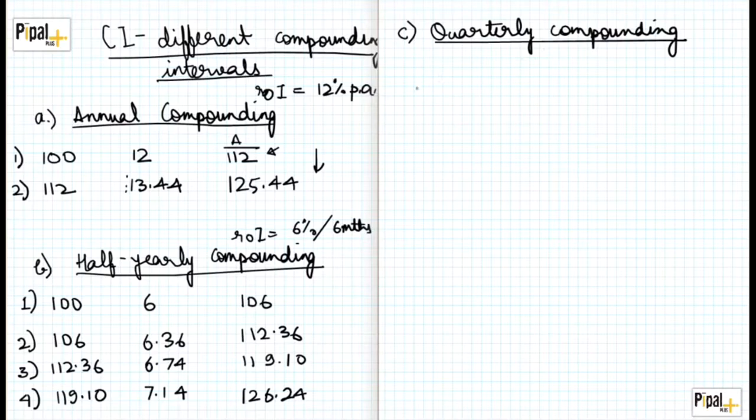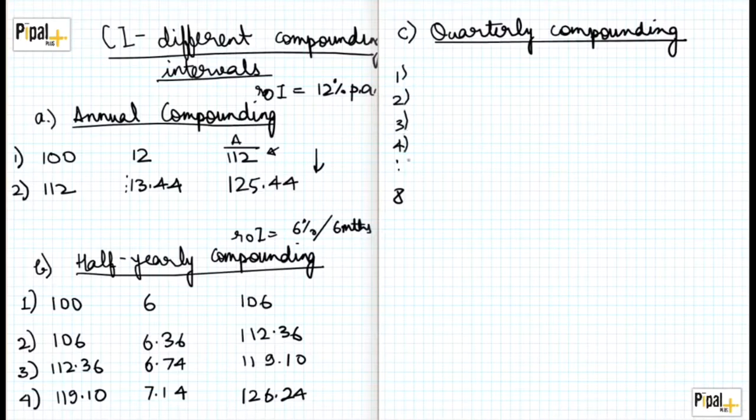Now in case of quarterly compounding, there are going to be 4 quarters per year. For a 2 year period, we are going to have 8 quarters.